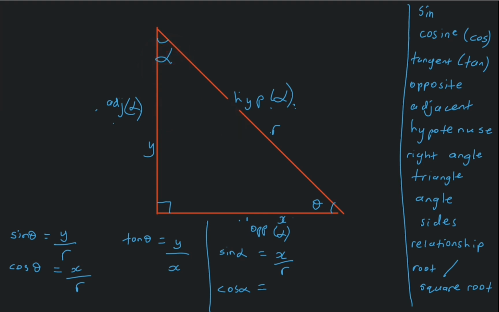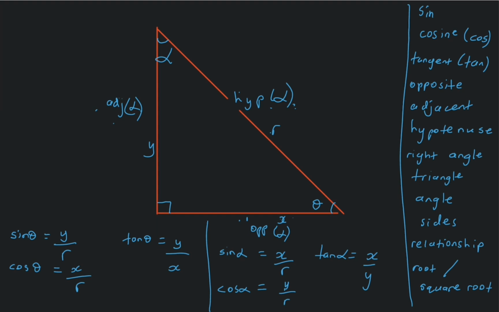That is going to be y divided by r. And the tangent of alpha is going to be equal to the opposite divided by the adjacent, which will be x out of y, okay?